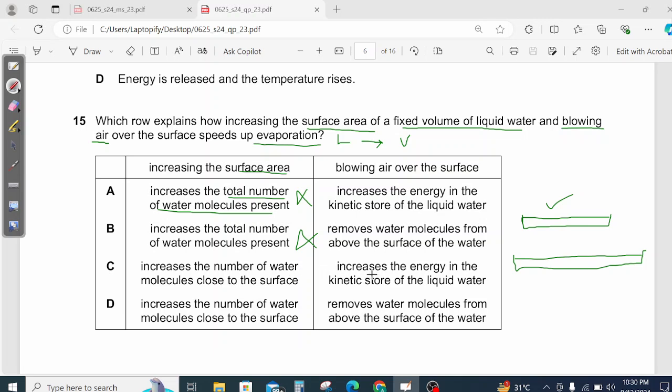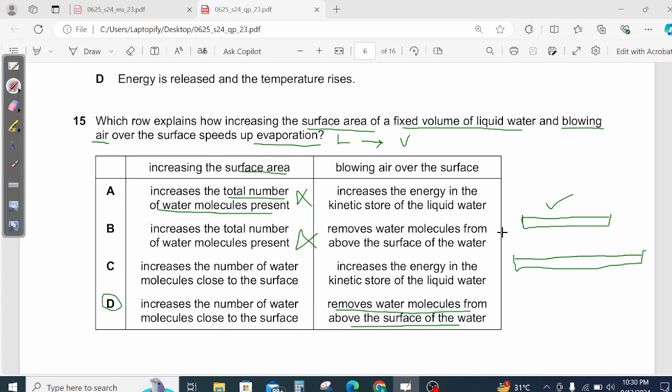So look at this one. Blowing the air above the surface also increases the evaporation rate. What does it mean? It means it removes the water molecules from above the surface. Yes, this is your correct option.